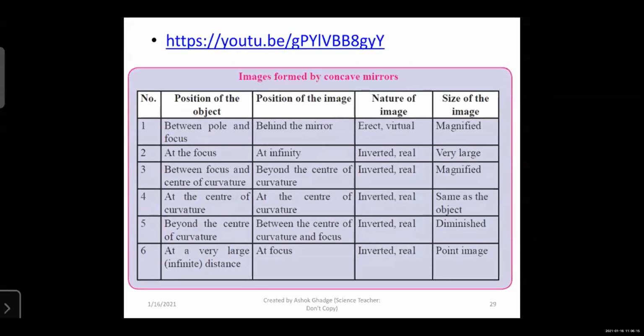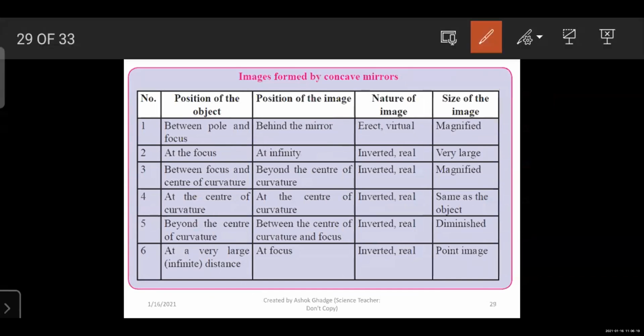Now in the chart you can see in detail. We have seen six positions. First, at a very large distance, if the object is at infinite distance, we got the image at the focus. And in the second condition, exactly the opposite condition is there. If the object is at the focus, we got the image at infinity.